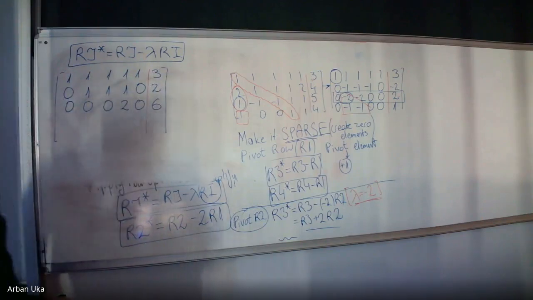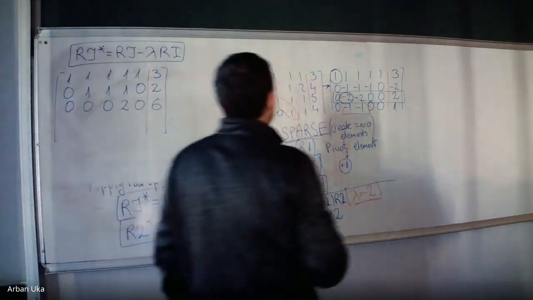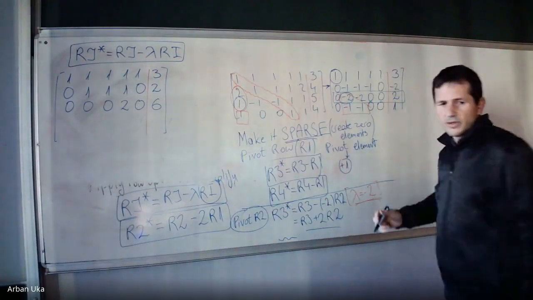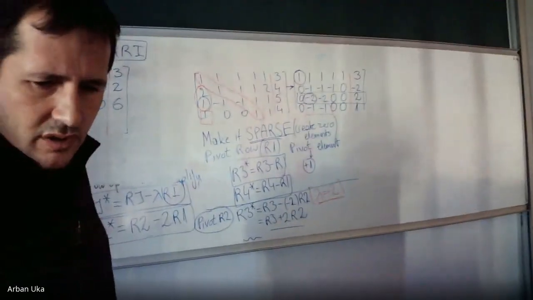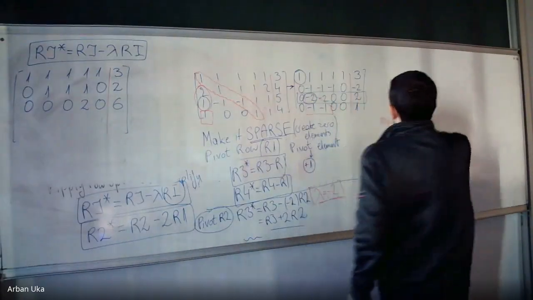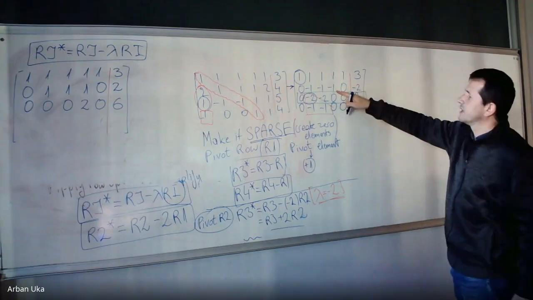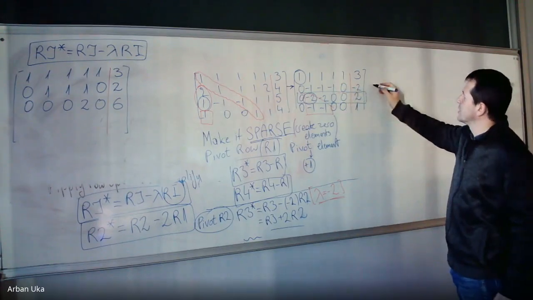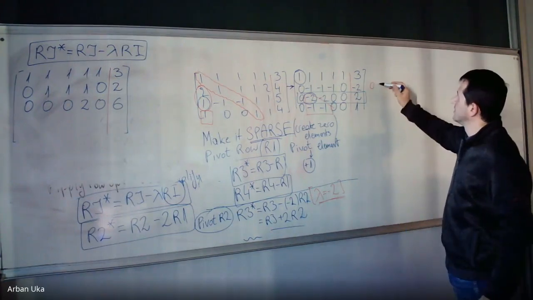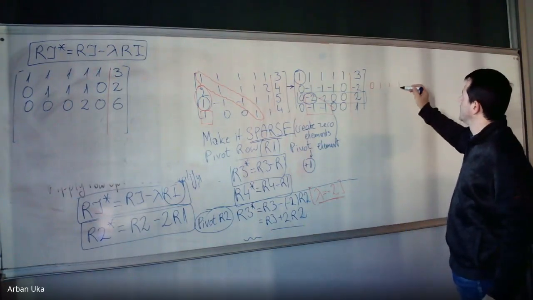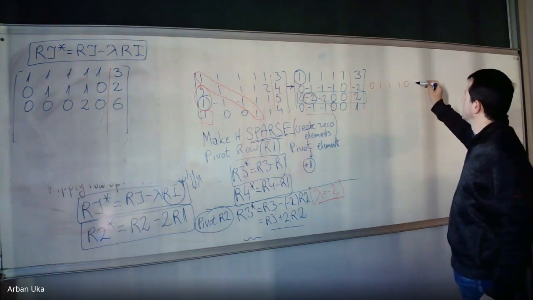Okay? I'm not sure if you can see this part of the board, but a very short reminder is that let's not forget that once we multiply this with minus 1, this is 0, 1, 1, 1, 0, and 2.